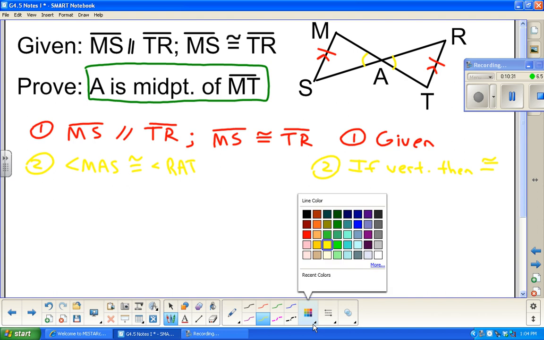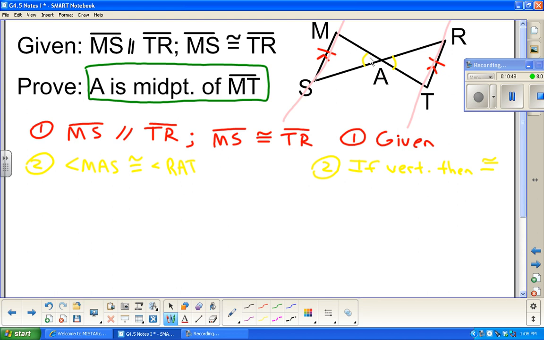I like it. Let me extend this a little bit so we can see. So those two lines are parallel. Sometimes it helps to extend them. Now the transversal is MT. We could think of this as a transversal. All right, there's a transversal.